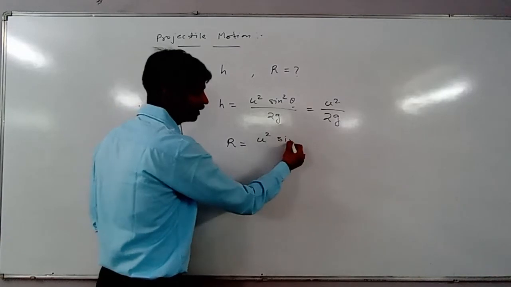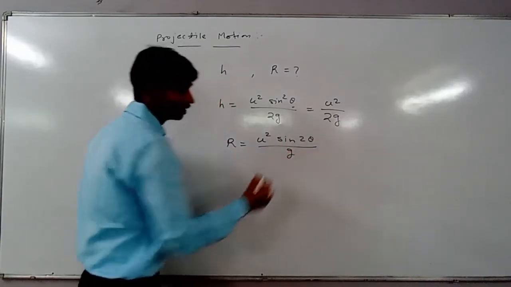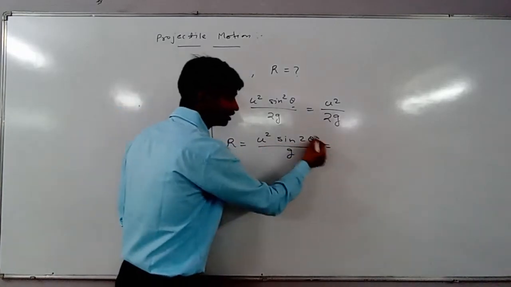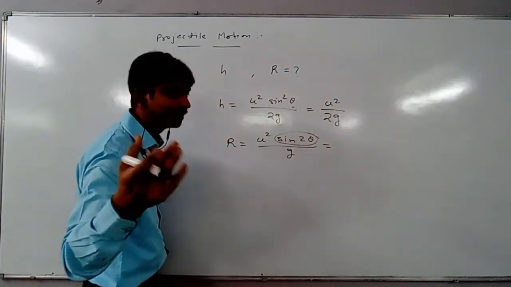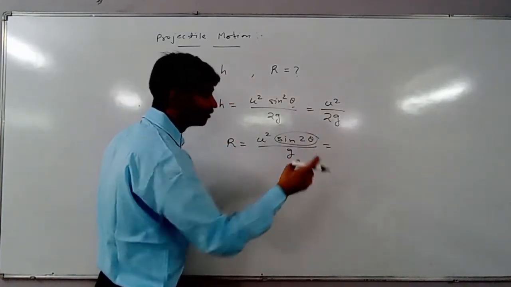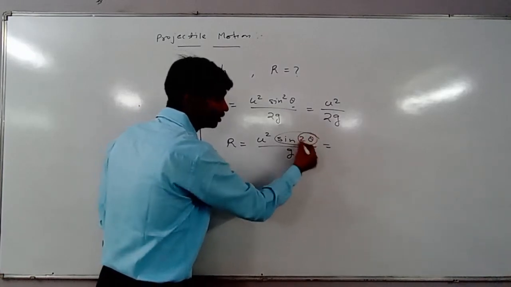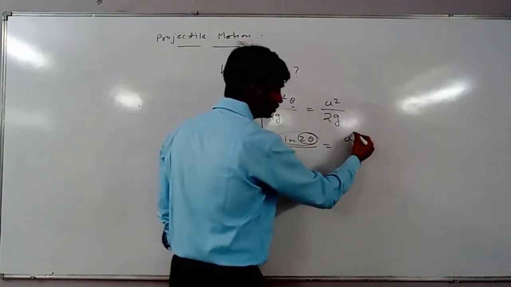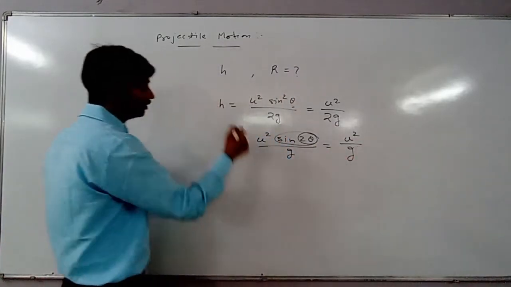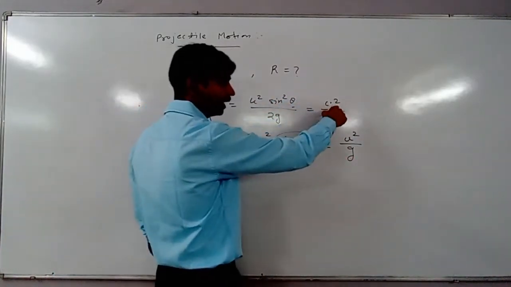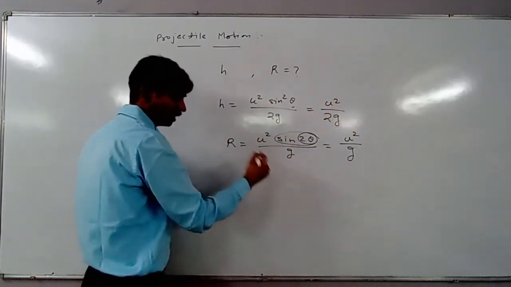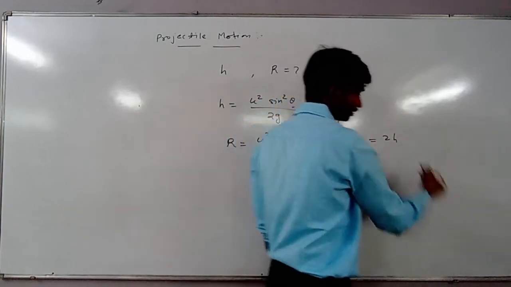And what is the range? U square sin 2 theta by g. Maximum value of r is, see, maximum value of sin 2 theta is 1 at an angle 45 degree. How? Because 2 theta should be 90 degree. So r max is u square upon g. If you can throw a ball up to height u square by 2g, that is equal to h, then r is equal to 2h.